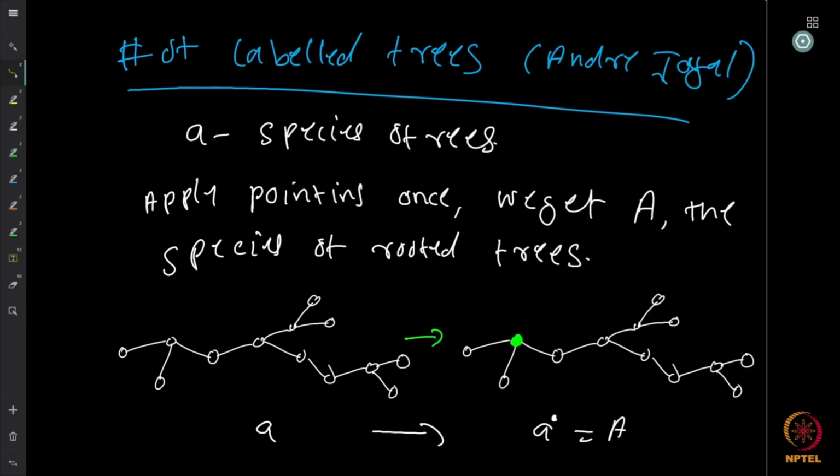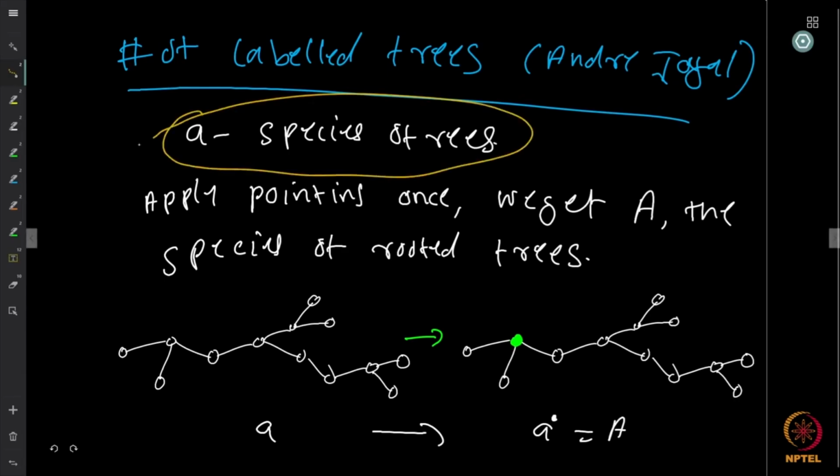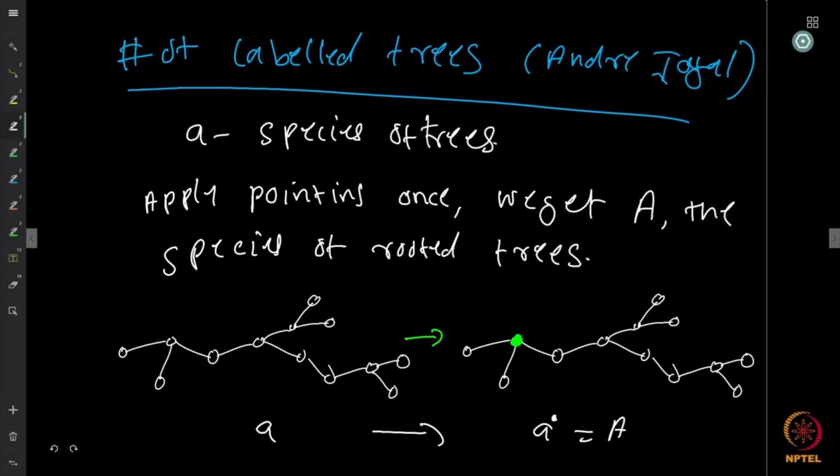Okay. So we have A as the species of trees. Then what we do is that we take the species of trees and apply pointing once. Once we apply pointing to the species of trees, we will get the species of rooted trees. We already saw that if you take a tree and point to one element, you will get a rooted tree.